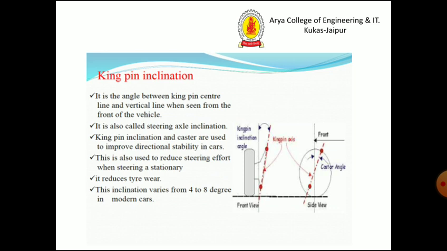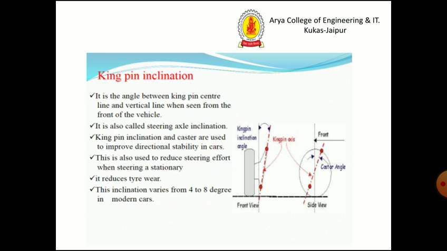Kingpin inclination is the angle between the kingpin center line and the vertical line when seen from the front of the vehicle. It is also called steering axis inclination. Kingpin inclination and caster are used to improve directional stability in a car. This is also used to reduce steering effort when the vehicle is stationary.